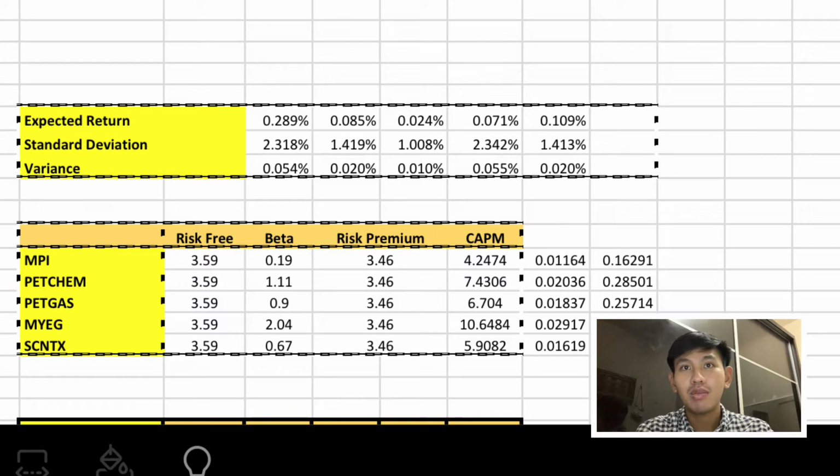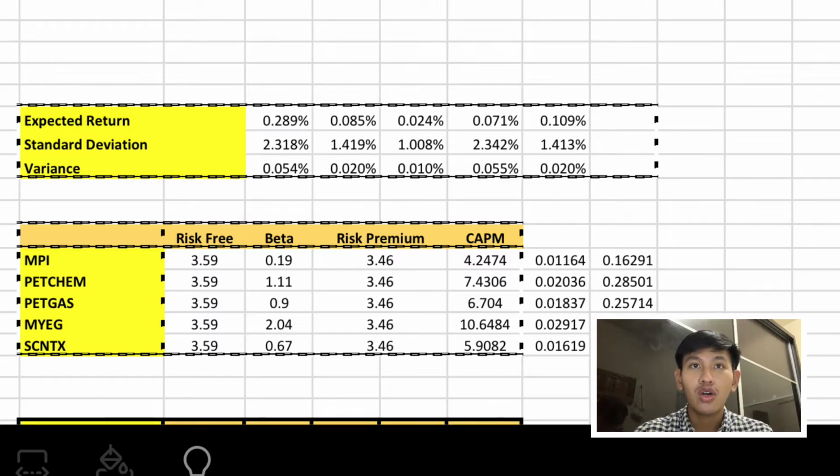Okay, so in this table we can see the risk-free, beta, risk premium and CAPM for each of the stocks. For risk-free and also risk premium, it is similar for each of the stocks, which is 3.59 for risk-free and 3.46 for risk premium. But for the beta and CAPM, it is different depending on the performance of the stock.